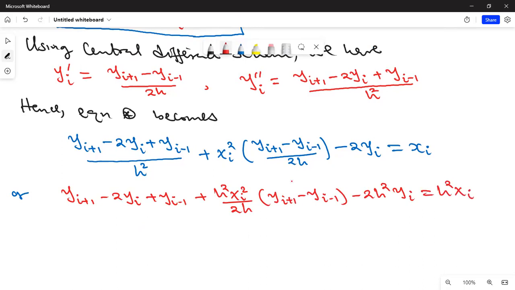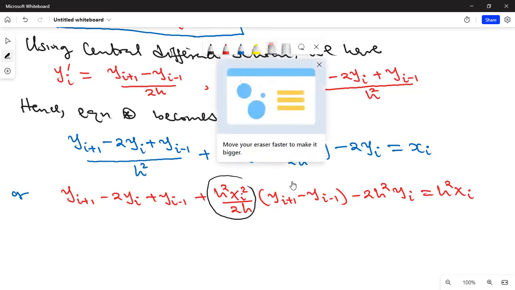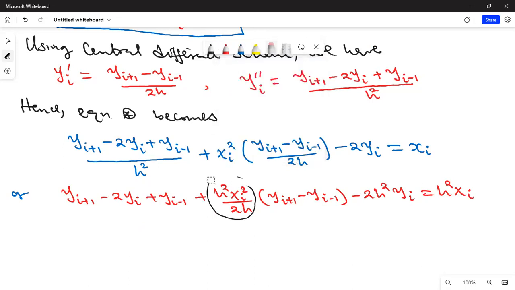And I can simplify. Look at this one. h squared over 2h is the same as writing h over 2. So I can rewrite this as h over 2 times xi squared.